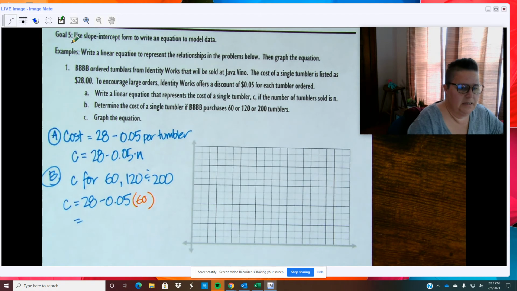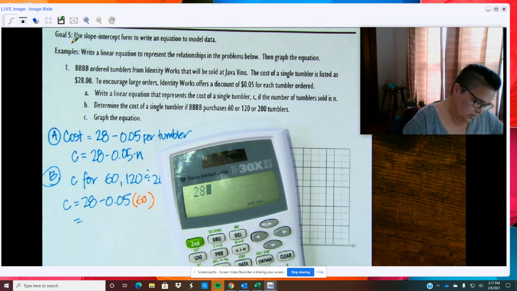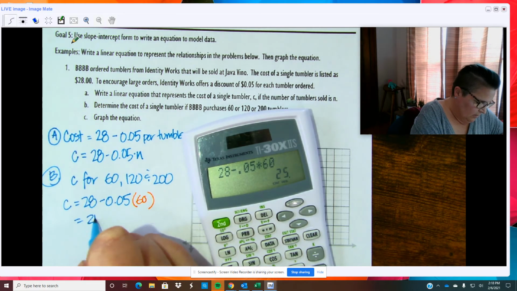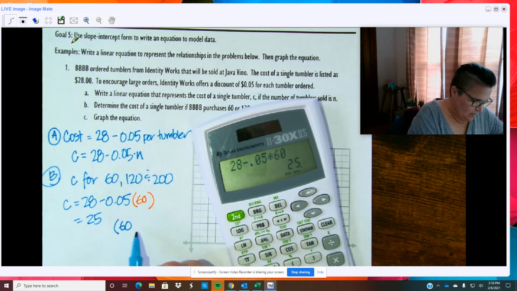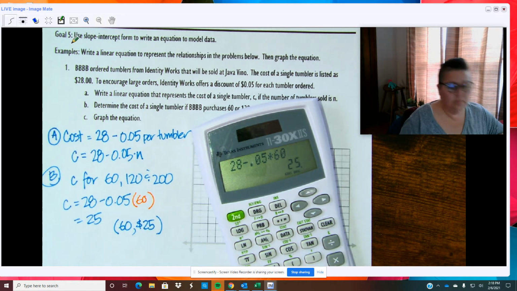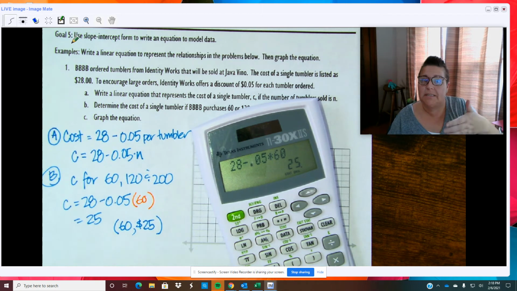Using my handy dandy calculator, 28 minus 0.05 times 60, and I get 25. So what does this mean? If they purchase 60 tumblers, the cost is $25 each. So it's a discount. If they purchase 60, then they'll take $3 off each cost.